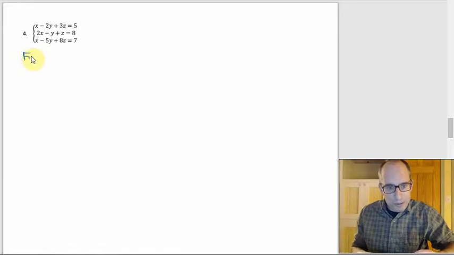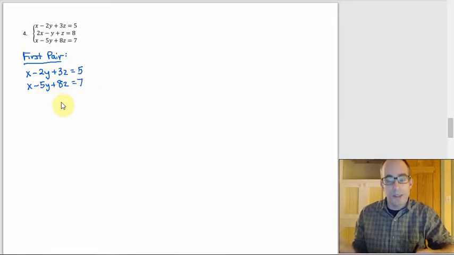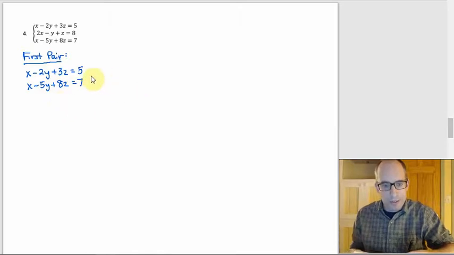So for the first pair, what I'm thinking about is if I took x minus 2y plus 3z equals 5, and then I took x minus 5y plus 8z equals 7. And let's say I'm going to multiply both sides of the bottom by negative 1. That way I'll get a negative x, so I'll have additive inverses.